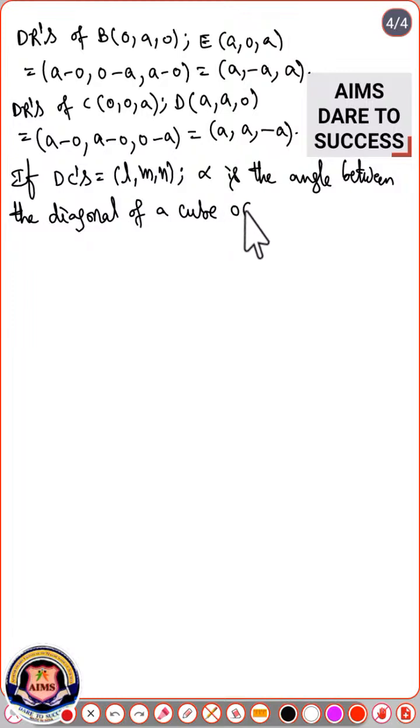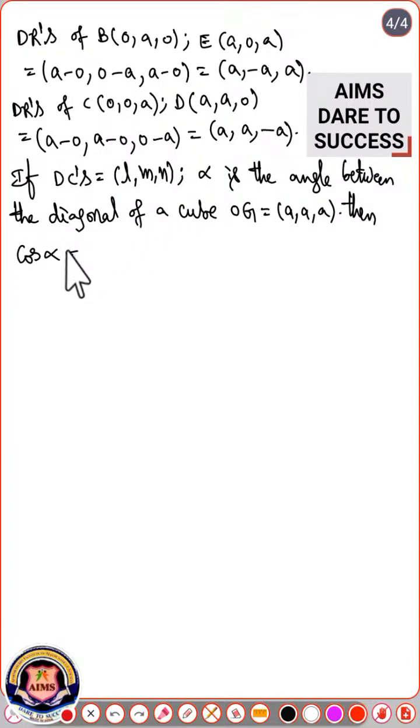First diagonal OG, OG direction ratio is A, A, A. Generally, in the previous question we used cos theta. Here the theta value is given as alpha.